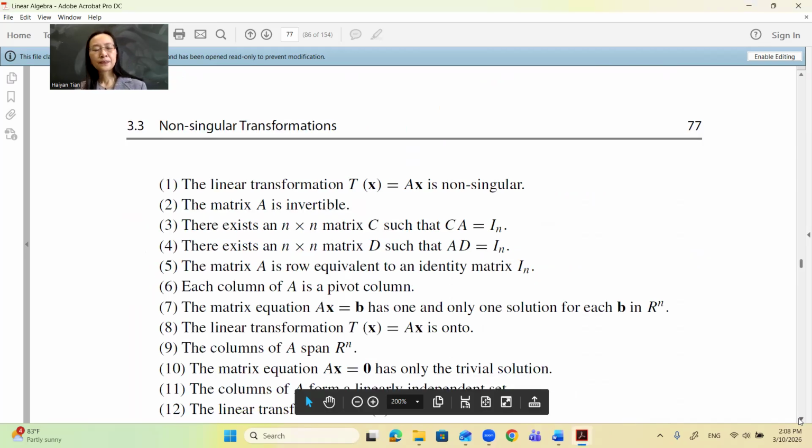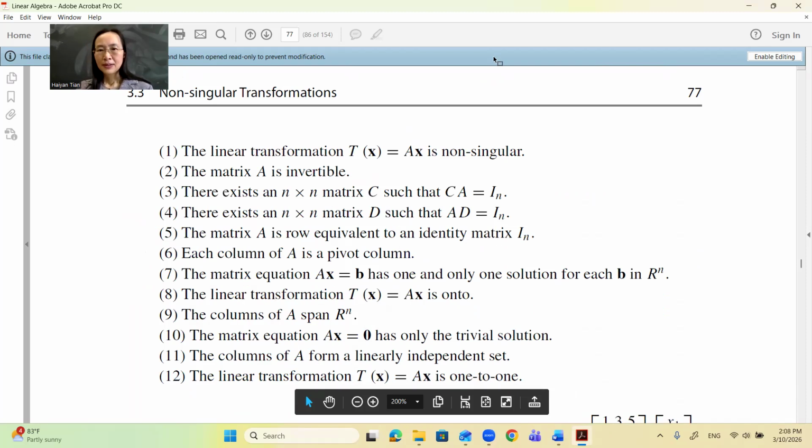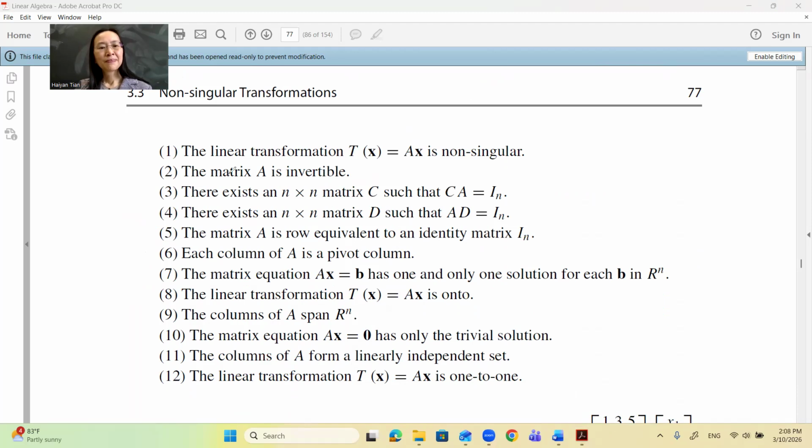And additional ones, yeah, so we already noticed if this linear transformation T is non-singular, it means the matrix A is invertible. It has an inverse.